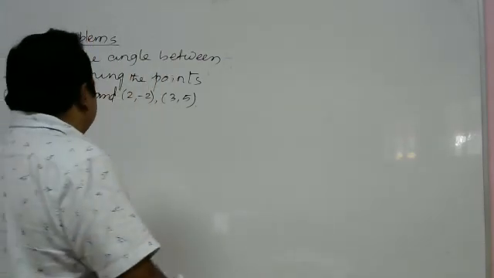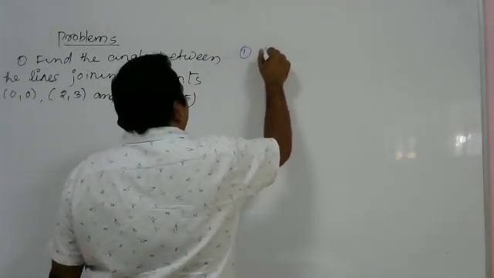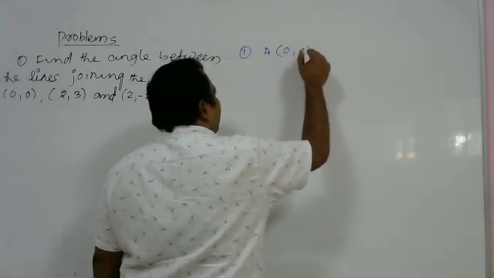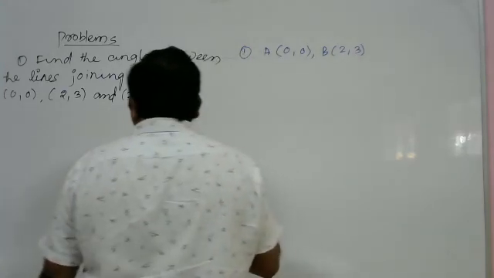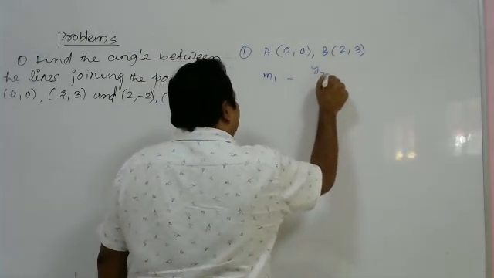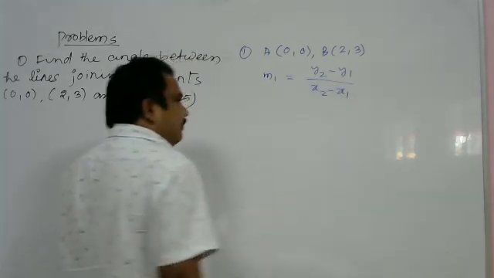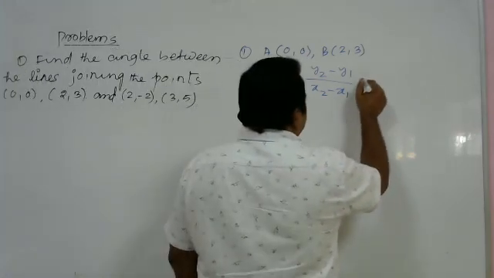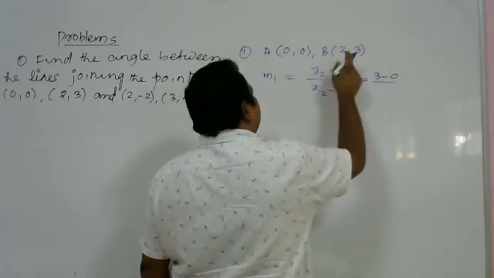See, first we have to find out the slopes. A point is (0, 0). B point is (2, 3). So what is the slope m1? Y2 minus y1 by x2 minus x1. Y2 is 3, so 3 minus 0 by 2 minus 0.